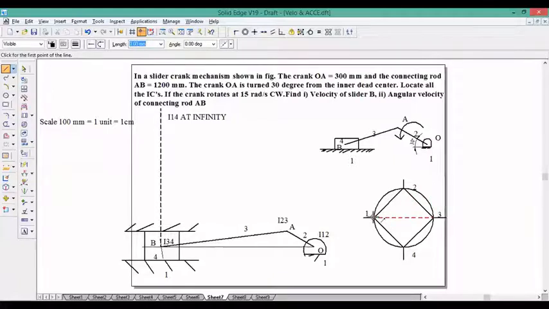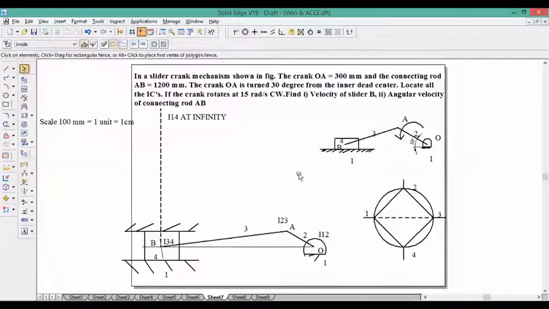Links 1, 2, 3 are three bodies having relative motion to each other, so their instantaneous centers must lie on a straight line. 1, 3 is a common line for triangles 1, 2, 3 and 1, 4, 3.